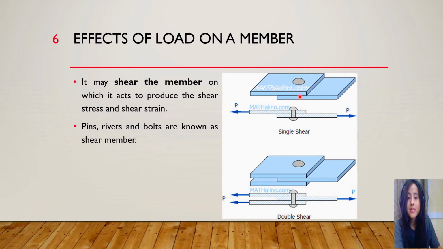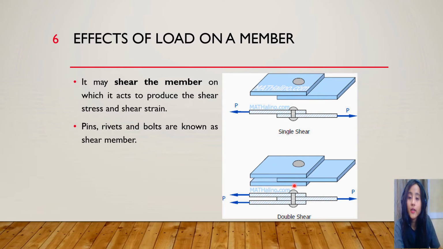It will be acting along the plane, and these are known as shear force or shearing force. As you can see here, only two plates are attached to each other with the help of a bolt, and here the kind of shear that is produced will be a single shear.